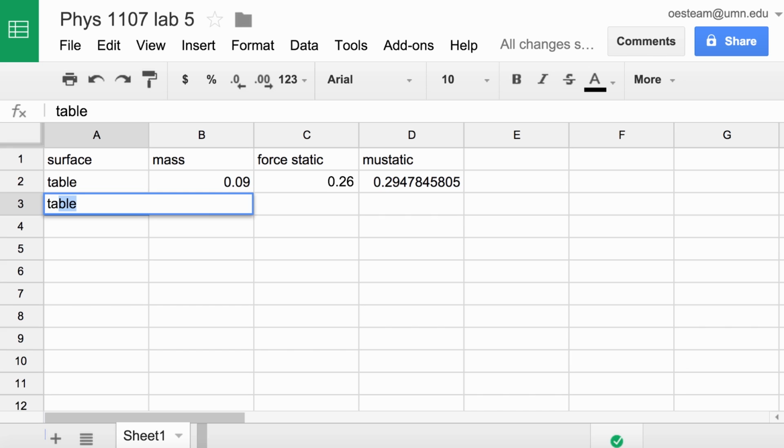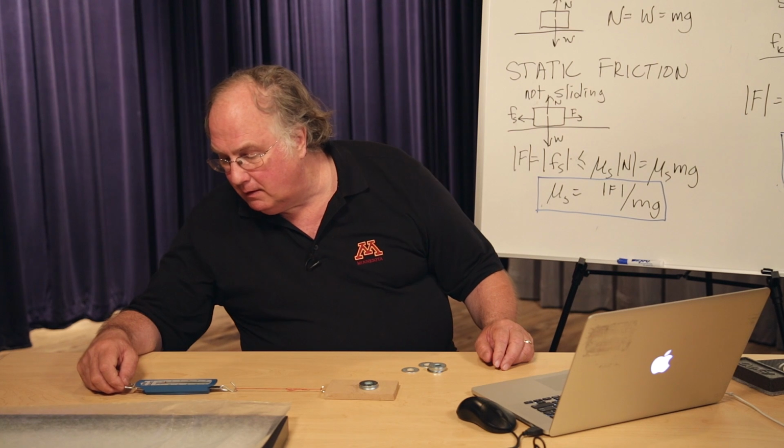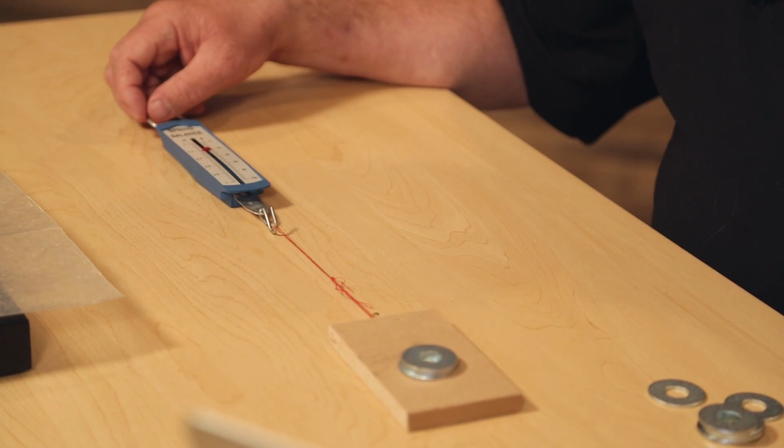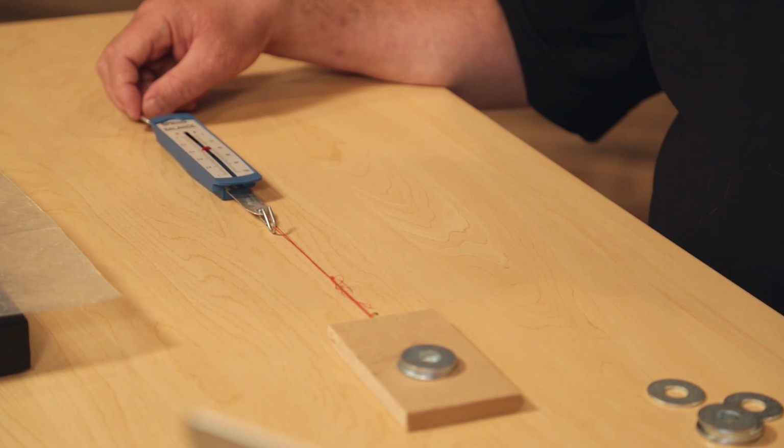This is again with the table. The mass now is 0.09 plus 0.042, or 0.132 kilograms. We measure what the force is. We start pulling on here and see where it starts to slide. So we pull, pull, pull. It's already quite a bit beyond where the first experiment was.